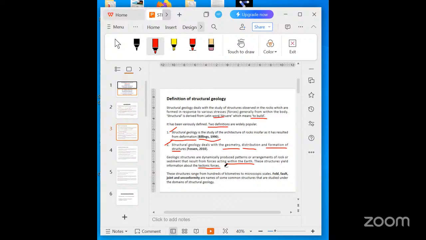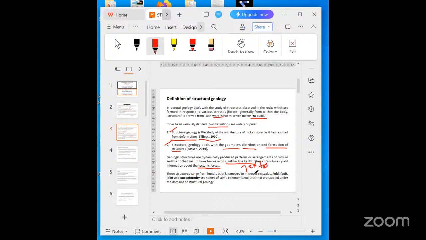The term tectonic is derived from a Greek word, that is tektos, meaning builder, right?